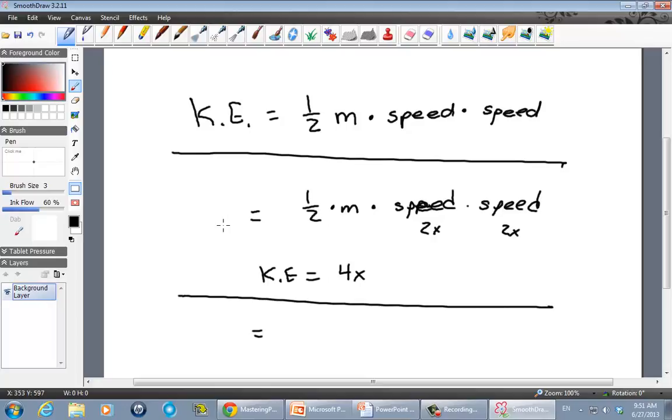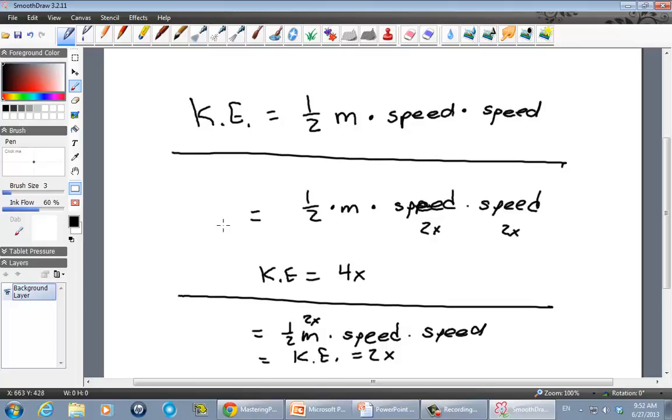But if instead we only double the mass, so if we make this 2 times, then we have only changed the kinetic energy by 2 times as much. So double the mass, twice the kinetic energy, double the speed, 4 times the kinetic energy.